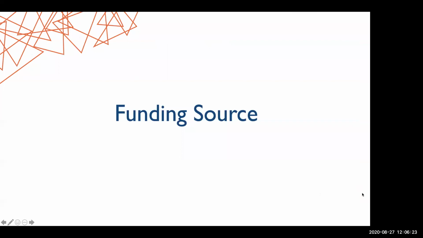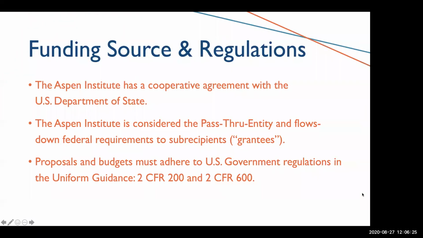All right, so just to talk a little bit about the funding source for this competition, the Aspen Institute, which is where the Stevens Initiative is housed, has a cooperative agreement with the U.S. Department of State.